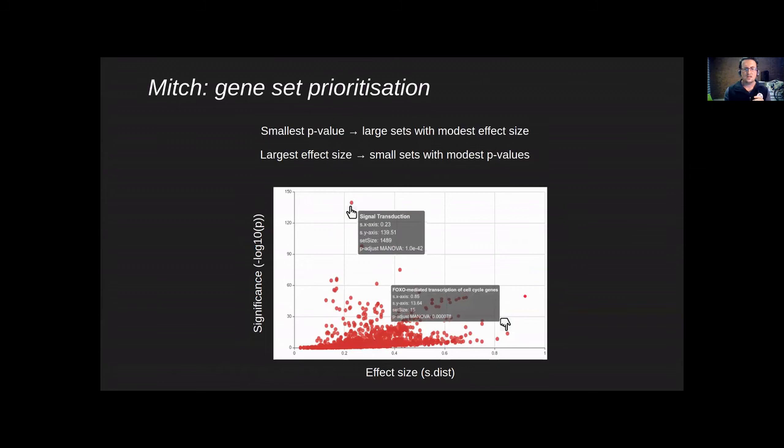On the other hand, we have FOXO-mediated transcription of cell cycle genes with only 15 members, which has a really huge effect size, and even the adjusted p-value is respectable as well. So this is probably the way to go for prioritizing your gene set results.